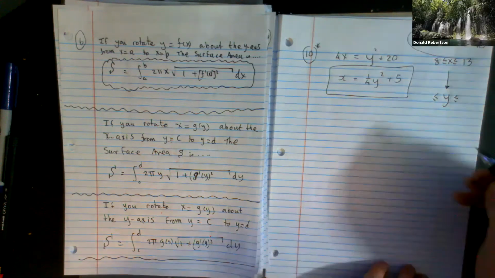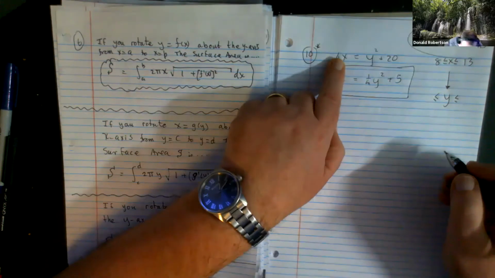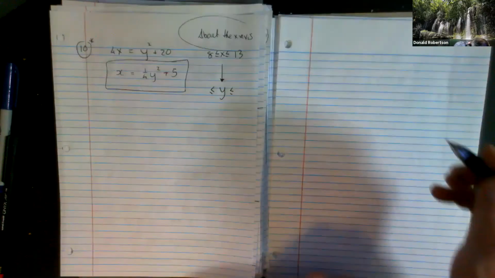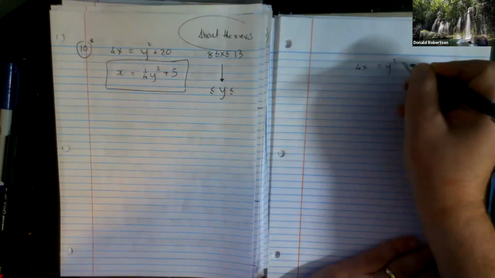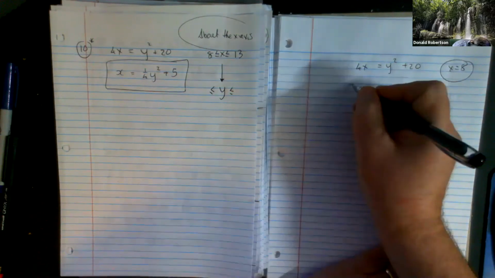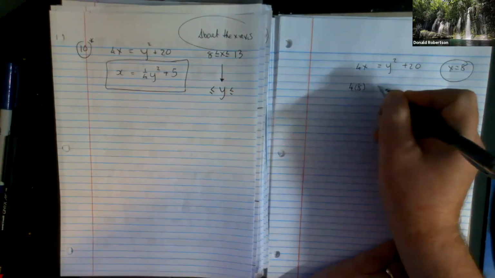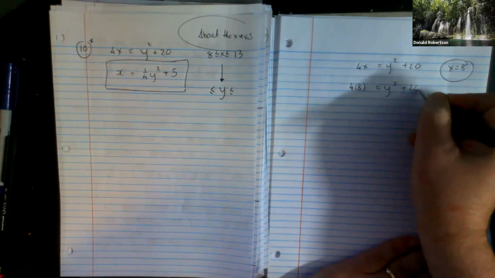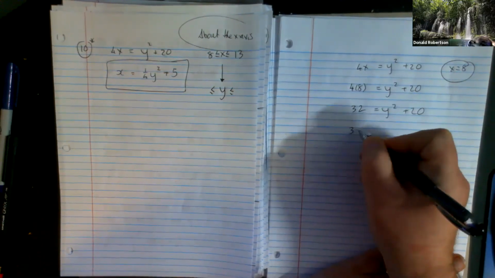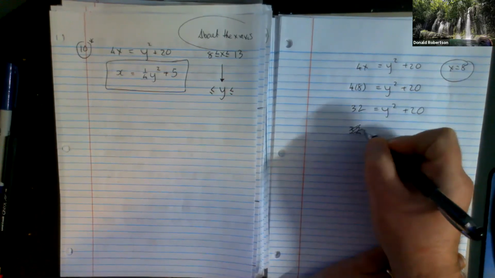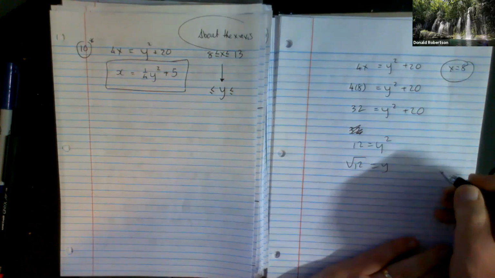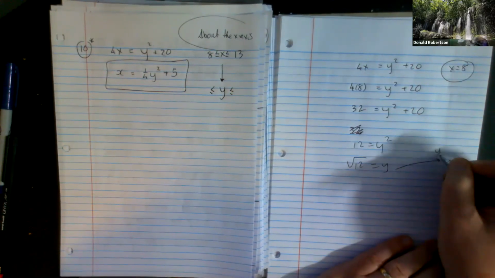So this is the relationship between x and y. I know that at one extreme it's 8, so 4 lots of 8 give me 32. That's a bit ugly, but it gives me a y value of root 12.